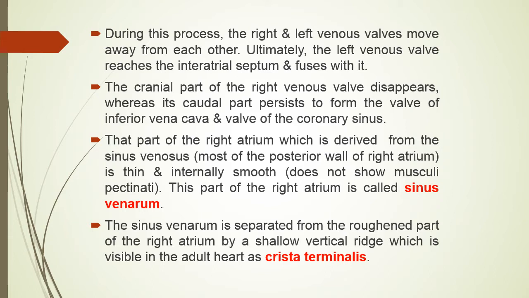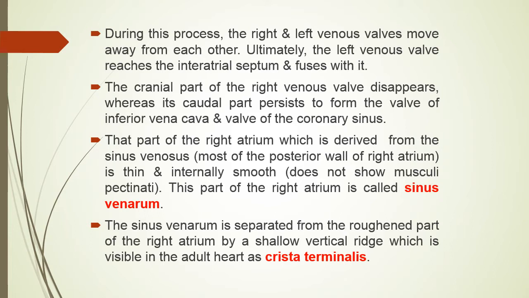The left venous valve reaches the interatrial septum and fuses with it. The right venous valve mostly disappears, but its lower part persists to form the valve of the inferior vena cava and the valve of the coronary sinus.